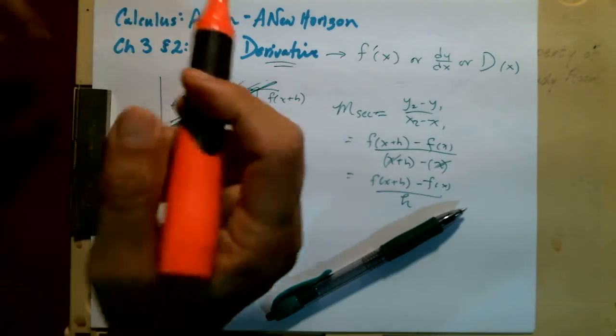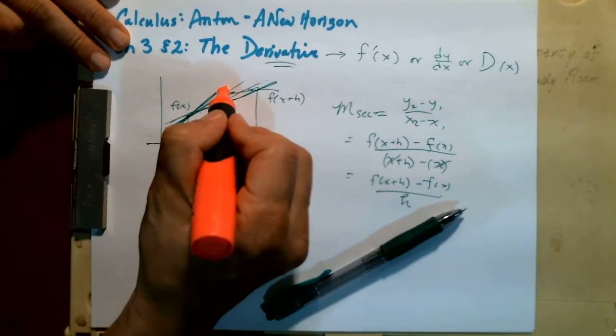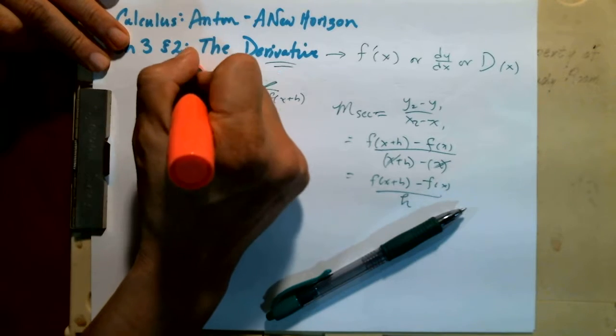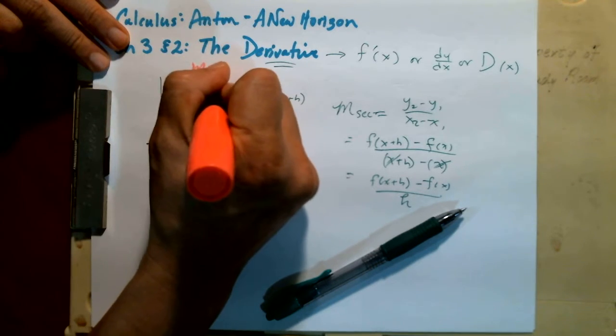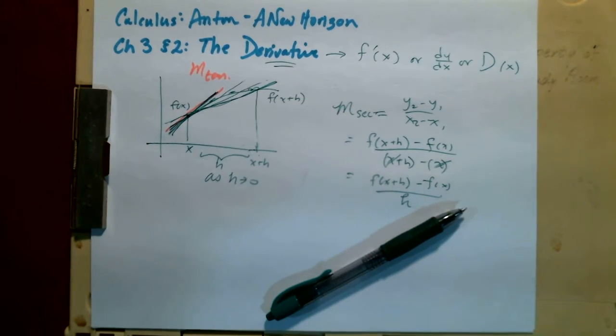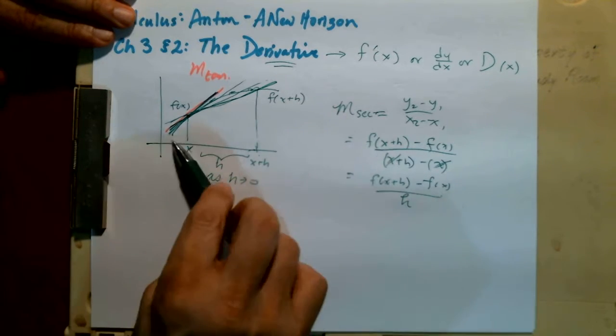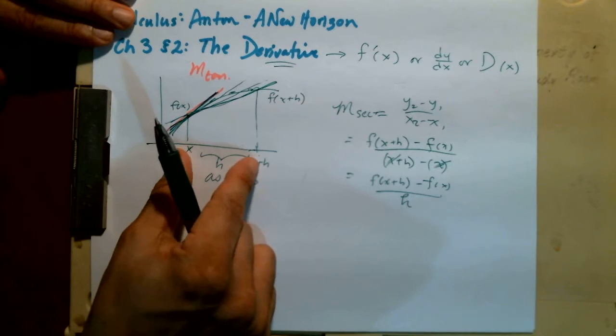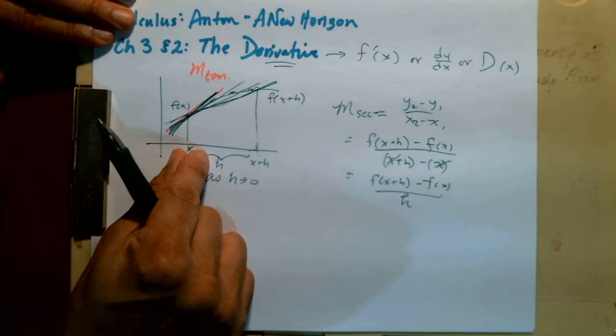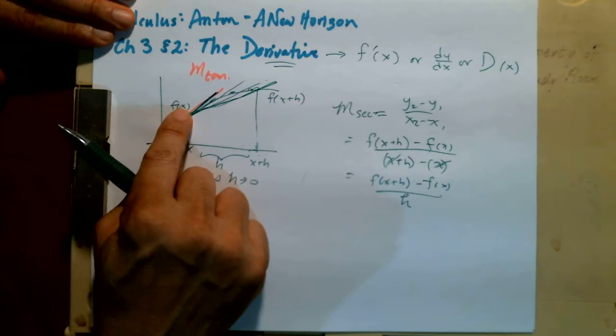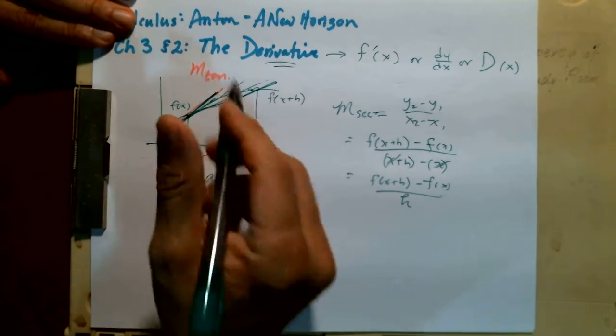So this would be like the slope of the tangent. Can you see that it's kind of like tangent to this graph as h goes towards 0? You're going towards a tangential slope. And that's what they mean by tangent.